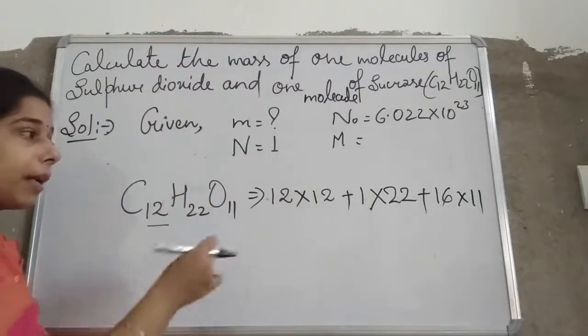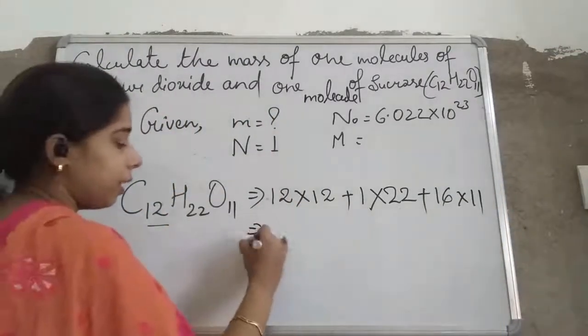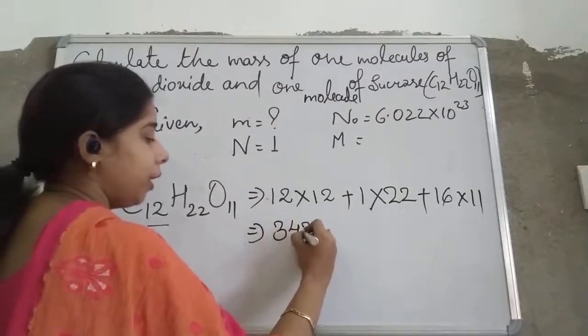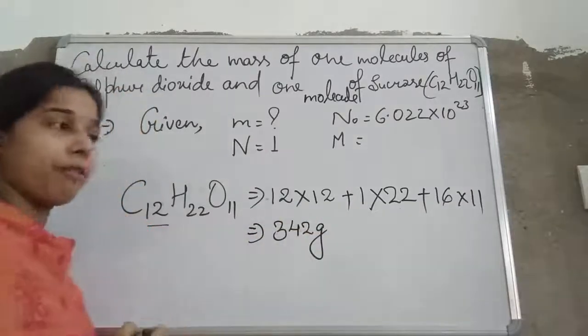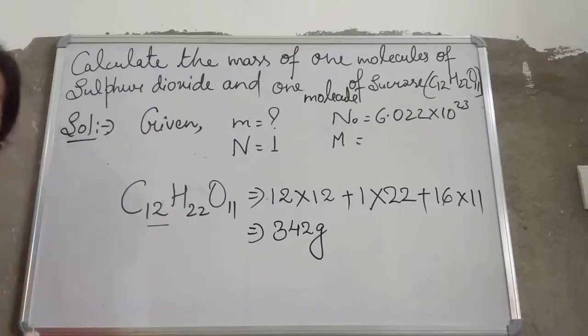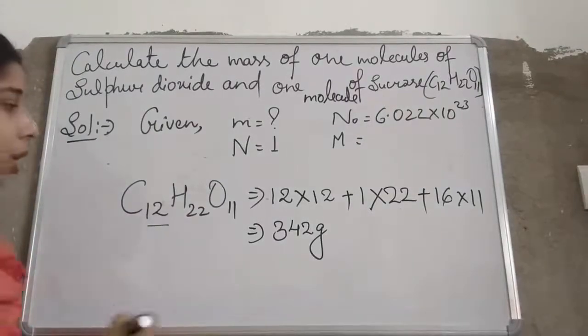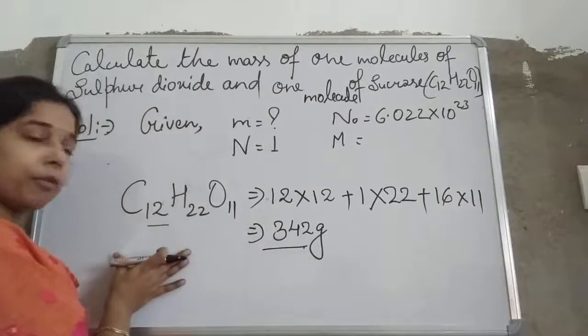When you multiply and add all these things, what will you get? 342 gram of sugar. Okay, students? So 342 gram is the molecular mass.